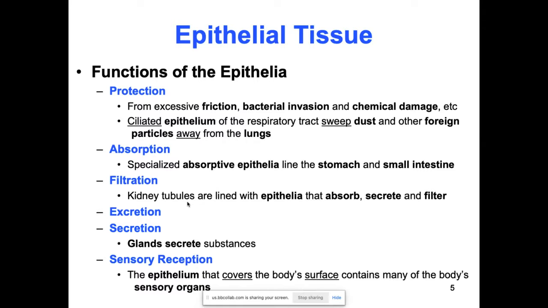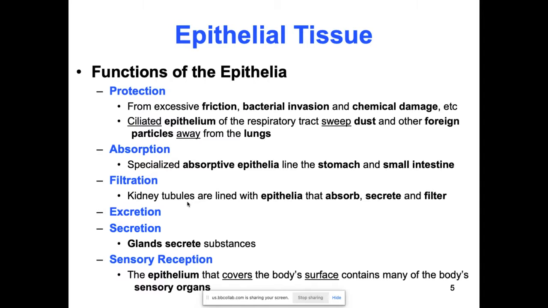One of the areas that we find epithelium, we said, is in a tubular system. When we think of tubules, you will be learning about the kidneys eventually. And the functional unit of the kidney is called a nephron. And the nephron is built with tubules. You will hear the term proximal convoluted tubule and distal convoluted tubule. So there's that word proximal and distal.